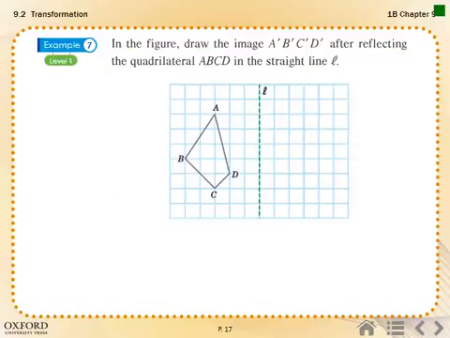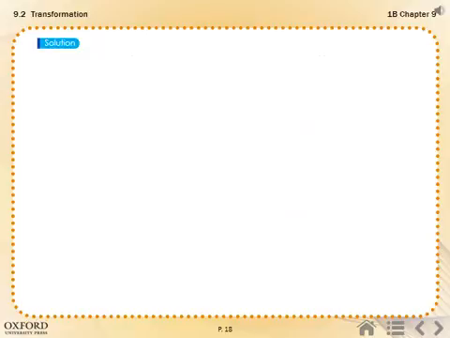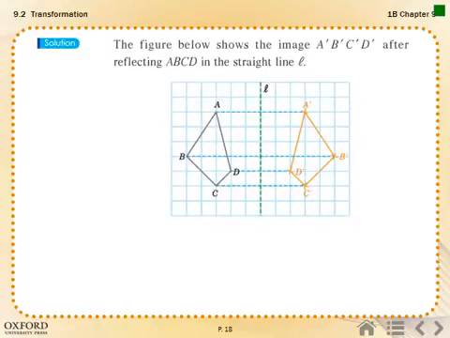And example 7, in the figure, draw the image A', B', C', and D' after reflecting the quadrilateral ABCD in the straight line L. The solution is like this.